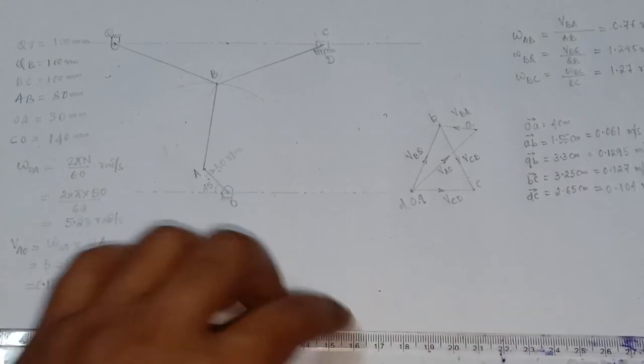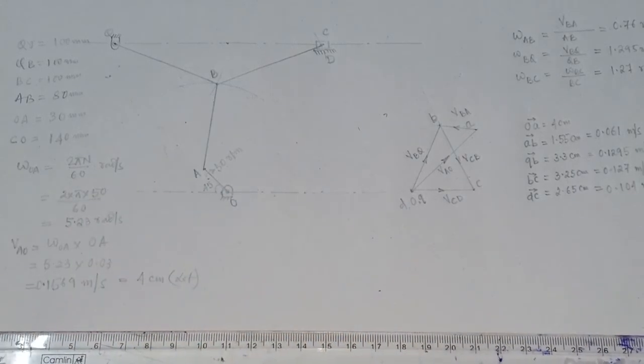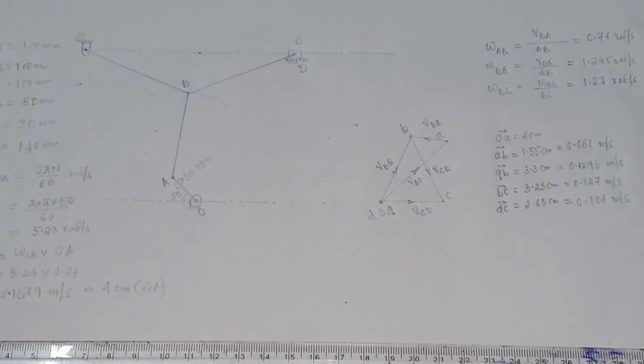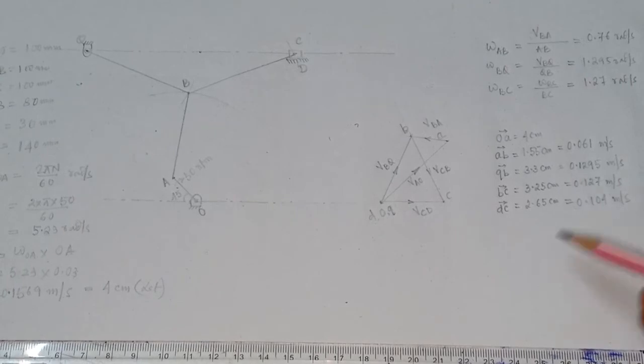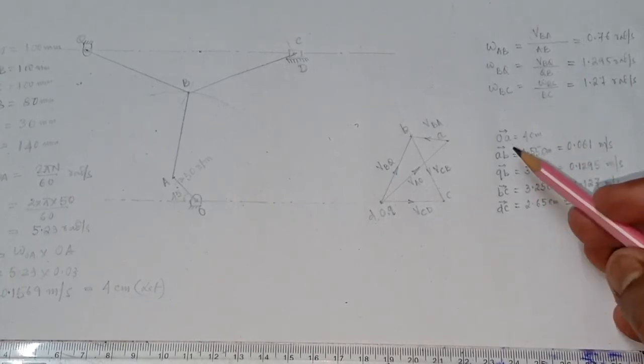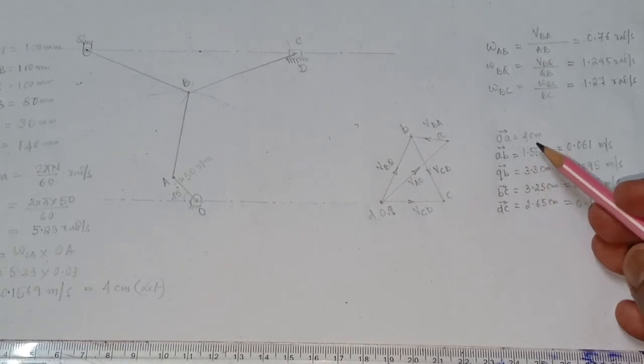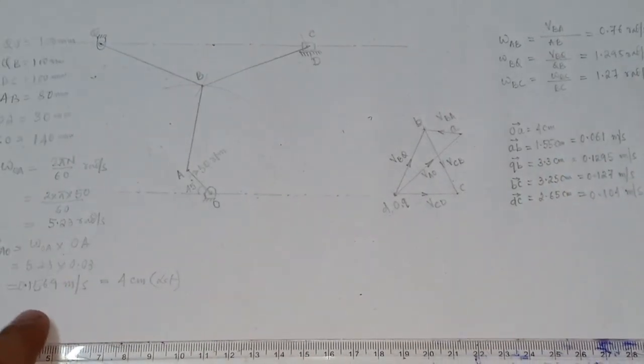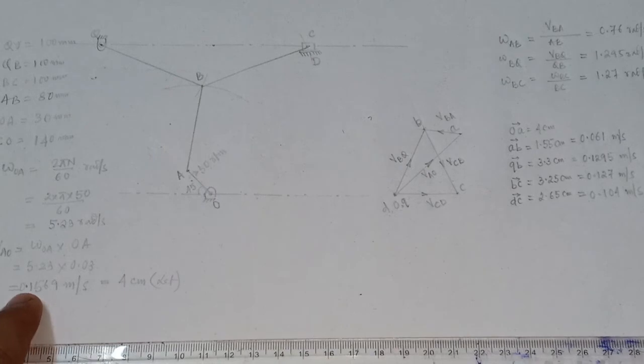Okay, so I have converted all the lengths into meter per second. How? We have taken the 4 centimeter length as 0.1567, so it might be approximately 0.157.